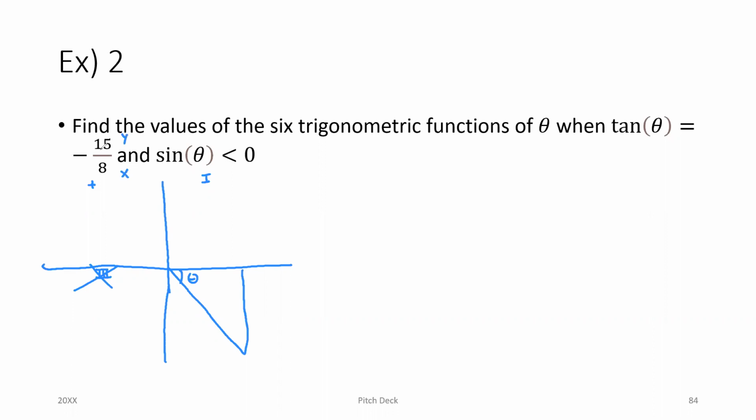So that means 15 is your y. So it's negative 15. And then your x is 8. Okay, and then let's find the hypotenuse by doing the Pythagorean theorem. So it's 8 squared plus negative 15 squared equals c squared.